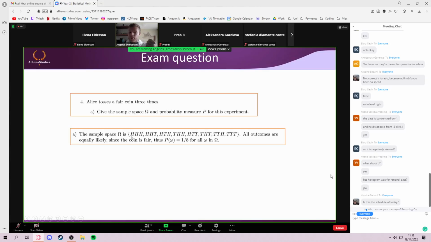The first possible outcome is all heads, heads, heads, heads. The second outcome is heads, heads, tails. The third outcome is heads, tails, heads. And we have tails, heads, heads, heads, tails, tails, tails, heads, tails, tails, tails, heads, and all tails.